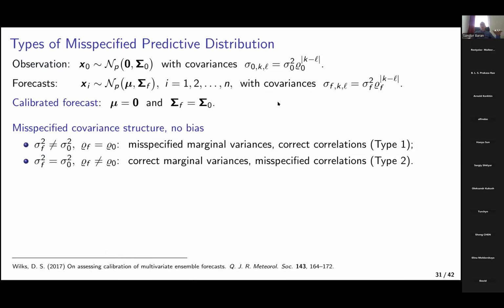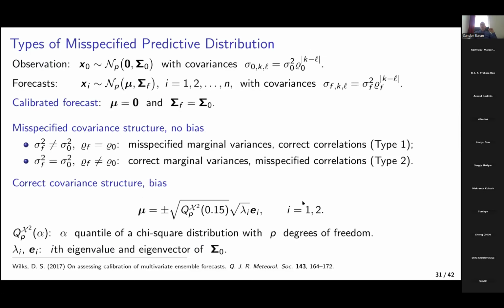The first idea was no bias, so mu is 0, but we either have misspecified marginal variance, so the autocovariances are the same but the variances differ, or fixed marginal variance and misspecified correlations. By the way, later we also consider mixtures, but I won't show it here. The second idea was a bias.